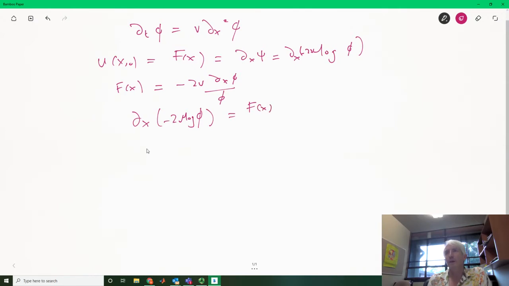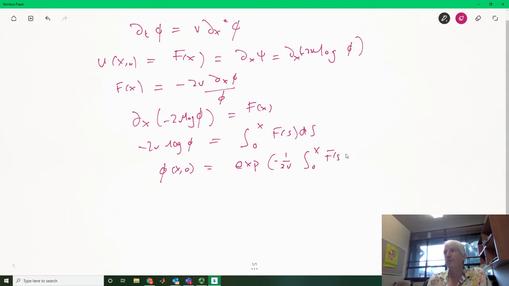So minus 2 nu log of phi is the integral from 0 to x of f of s ds. So we can rearrange that and get phi of x comma 0, the initial condition, is the exponential of minus 1 over 2 nu times the integral from 0 to x of f of s ds.